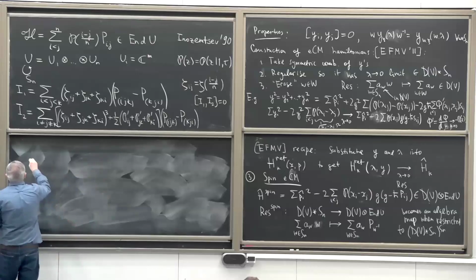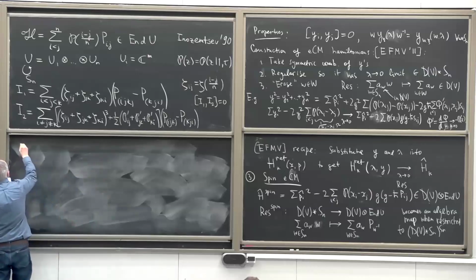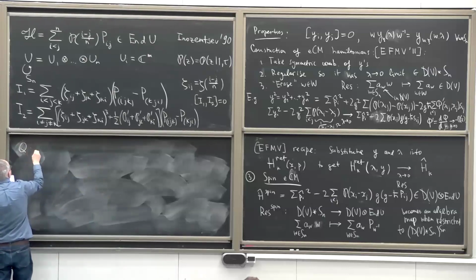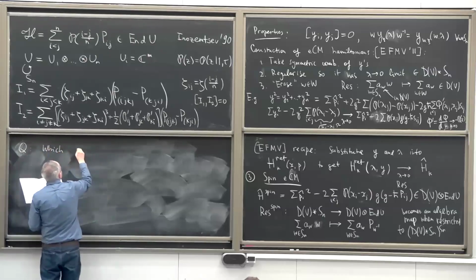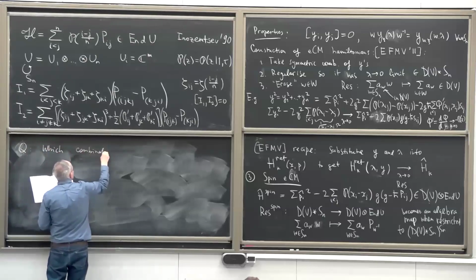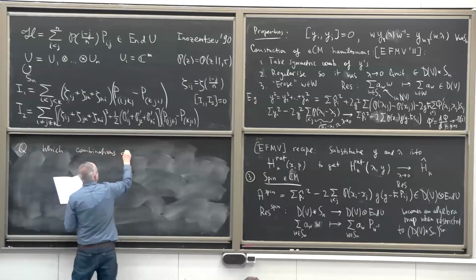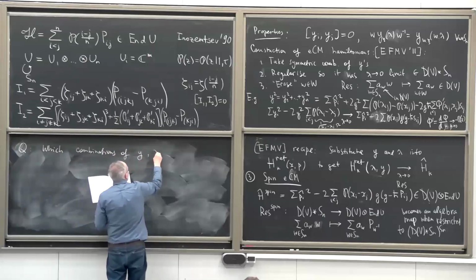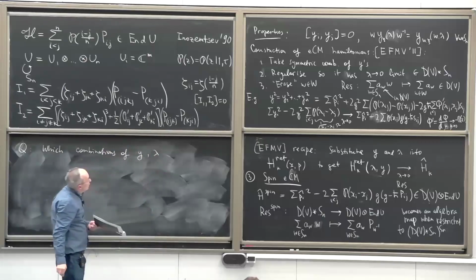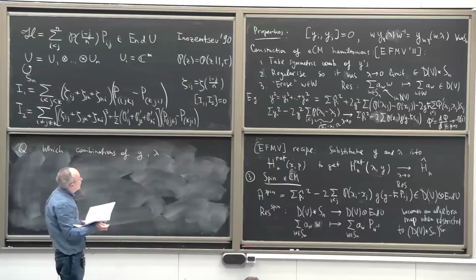So the question is: which combinations of y's and lambda? We already saw in the previous construction that you need not just a combination of y's, but you need lambda too.